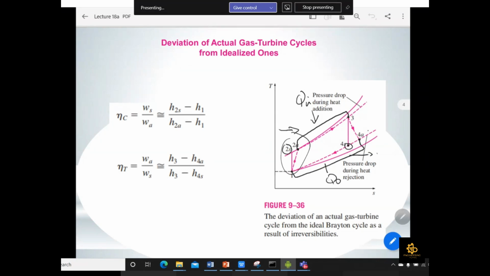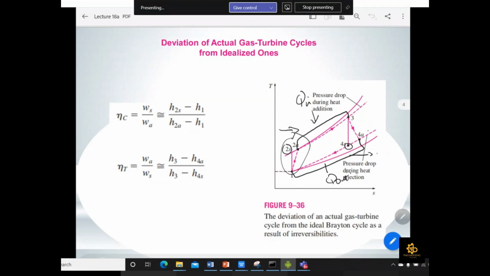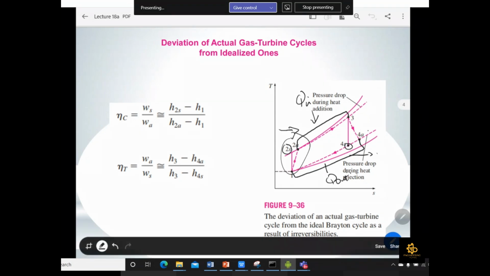So if the question asks you to find the Q in for the actual gas turbine, you have to find the value at 2a first, and then you can use the value at 3, or it will be a variable specific problem. Then you have to find the enthalpy value at the H2a point. Similarly, if we have to find the actual Q out, you have to consider the 4a point rather than the 4s point.